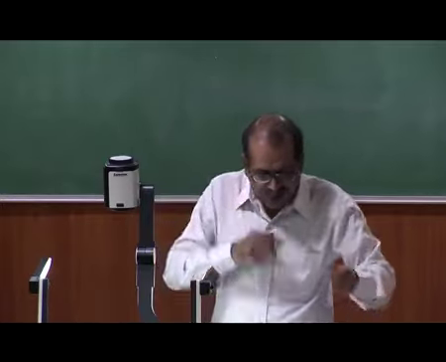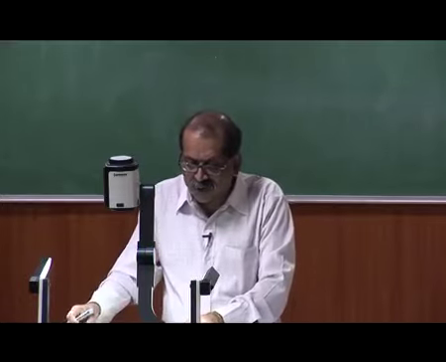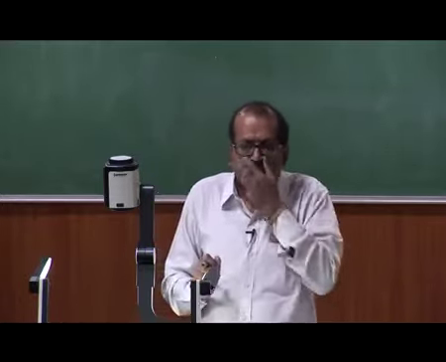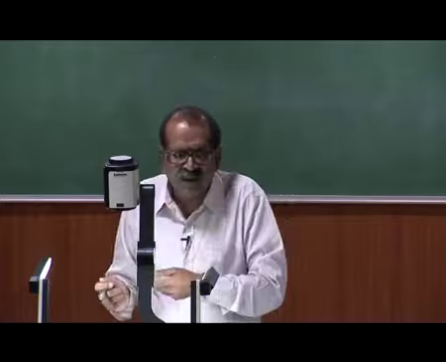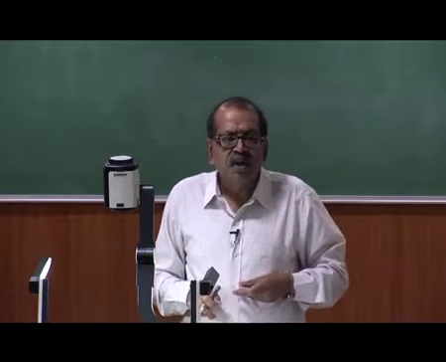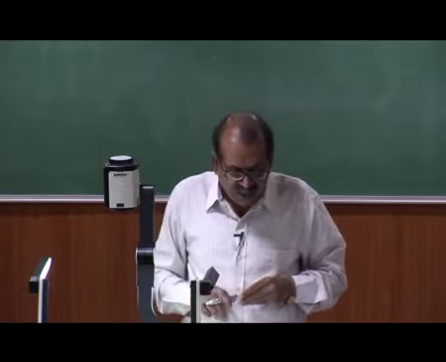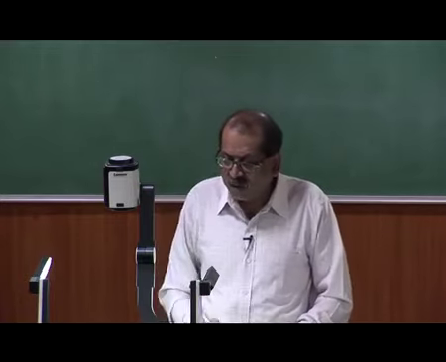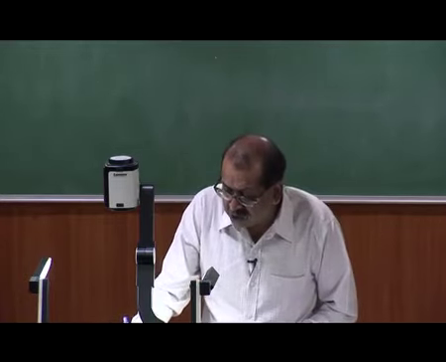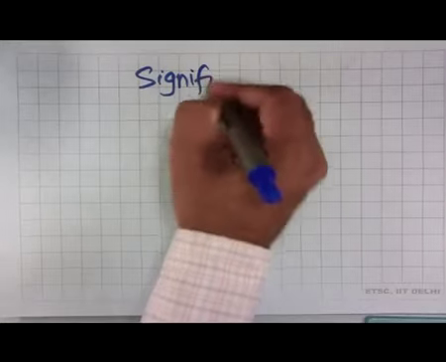Now, having seen this concept of errors, what we have seen is how we find errors in quantities which are added and errors in quantities which are either multiplied or divided. Next, we talk about significant figures in a measurement.